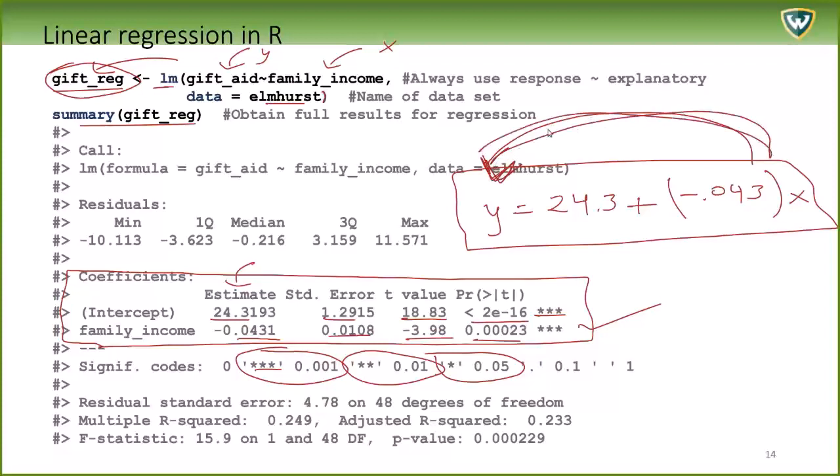And linear regression becomes even more important when we're talking about multiple linear regression, because we can include multiple factors, not just family income. Now we can start adding, well, what about race or gender of the person? Does that impact gift aid? Do people with certain gender or certain race get more or less gift aid? Do people who have better grades or worse grades get more gift aid, and so on? And we will examine that later.